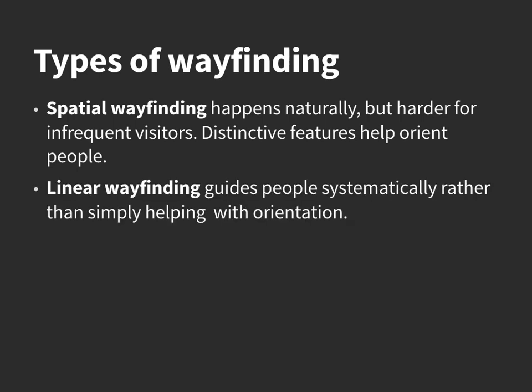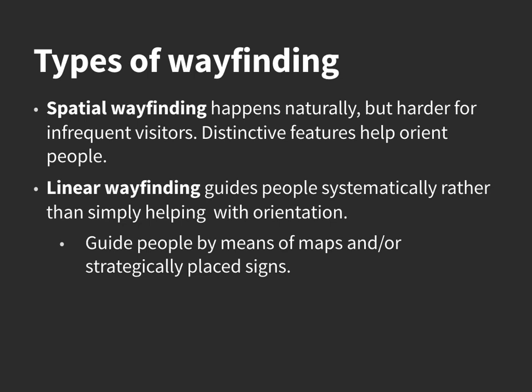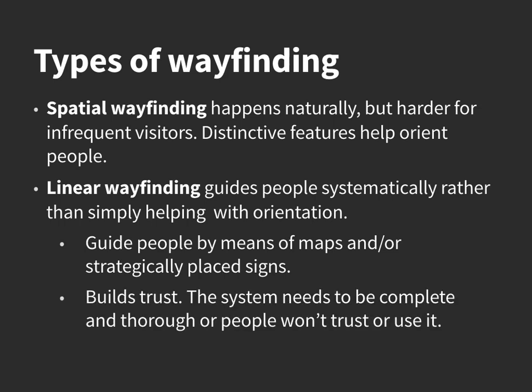So linear wayfinding is another type of wayfinding, which guides people systematically rather than simply helping with orientation. Now this is a more common form of wayfinding, and it guides people by means of a map and/or strategically placed signs. So at an airport or in a shopping mall, this is probably what you're used to.